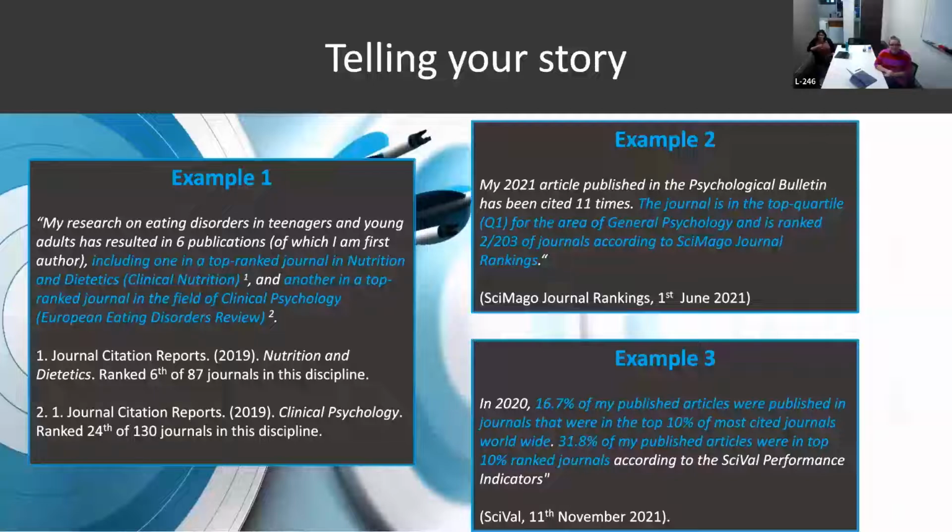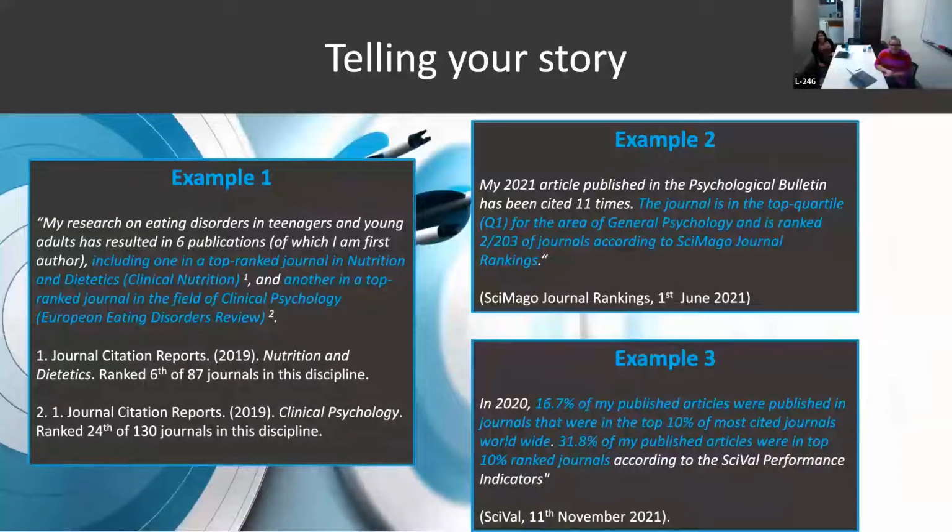My research on eating disorders in teenagers and young adults has resulted in 6 publications, of which I am the first author, including one in a top-ranked journal in nutrition and dietetics, which is Clinical Nutrition, and the other in a top-ranked journal in the field of clinical psychology, which is European Eating Disorders. And you can see how we've added a little reference there to say where they've come from and what that means. So the parts in blue are the parts that we're pulling from the databases we've showed today.